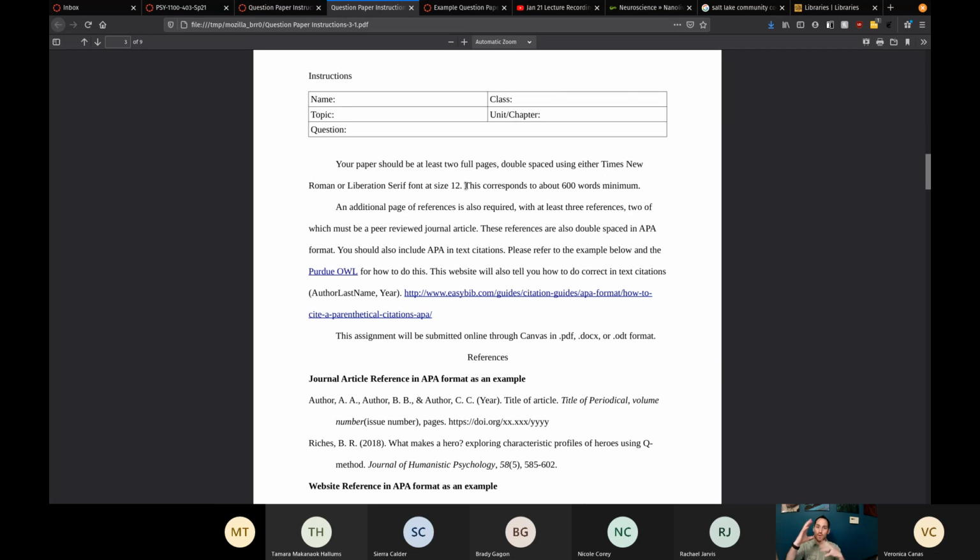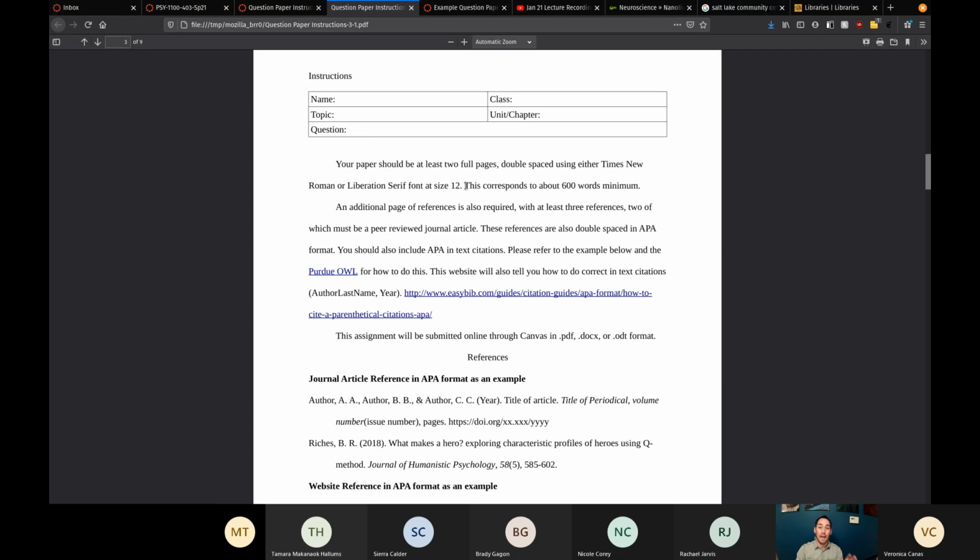So 2 pages of written report on research, and then a 3rd reference page. So if you've got like 3.5 pages, or let's say you have 2.5 pages of written content, so 2 full pages and a half page of written content answering your question, and then a 4th page that's your reference page, that's great.